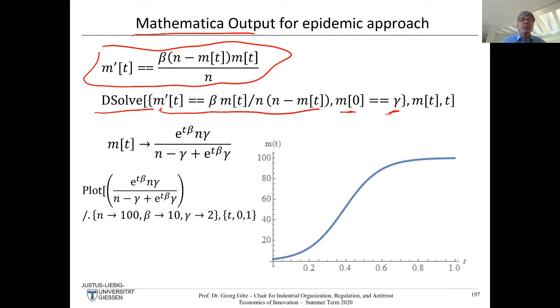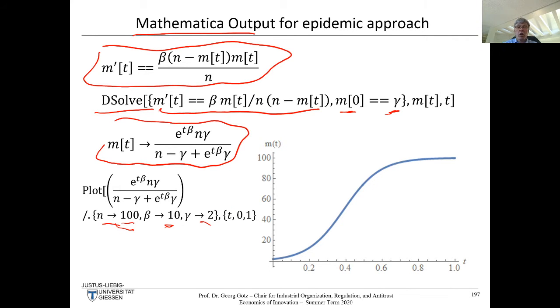And if you have this number gamma, the solution Mathematica throws out is this thing here. And if you plot this for certain parameters, so the total population is 100%, this beta is 10, the gamma, 2% of the population somehow autonomously contracted that, you see you get this wonderful S-shaped diffusion curve.